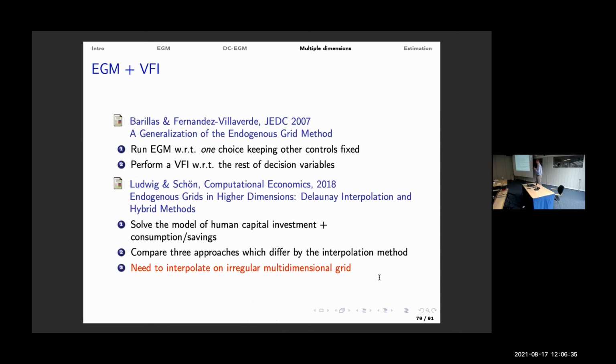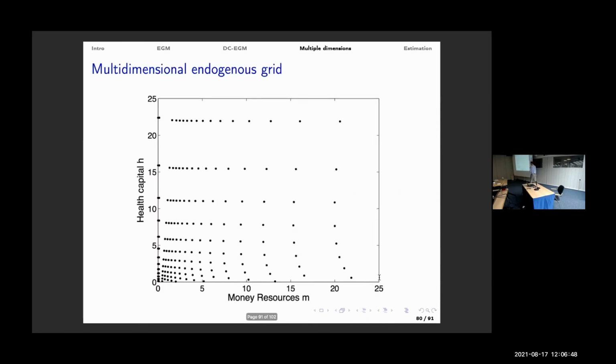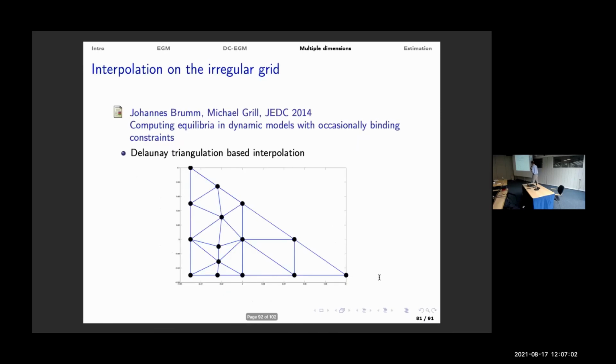That's the fundamental problem they look at, and they show examples where multidimensional EGM is faster than simple VFI. In VFI, you control the grids, and therefore interpolation on the regular grid is fast, so you don't have that problem at all. That's the fundamental issue with multidimensional EGM.